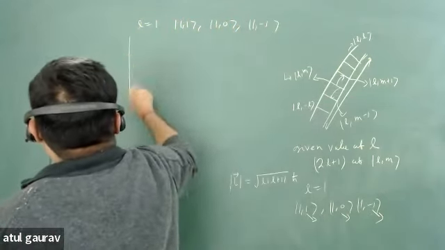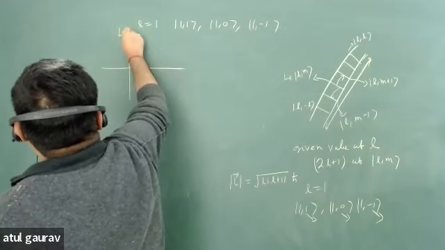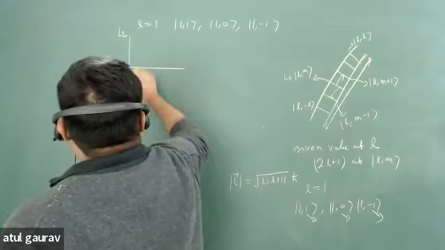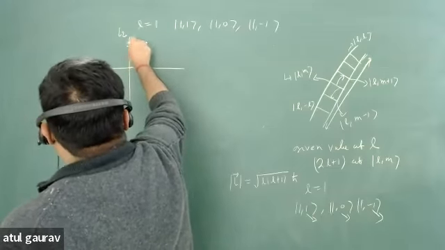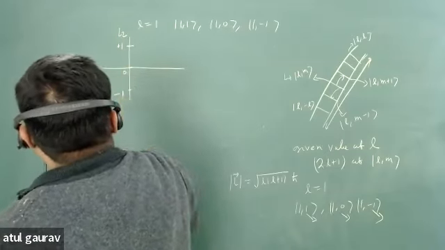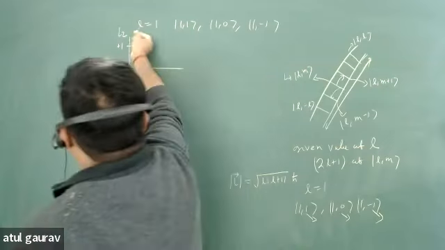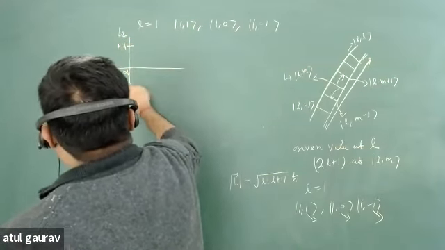If we represent it in a diagram, this is my Z direction. So we have 3 values of LZ: one is plus 1, another is 0, another is minus 1, with the h cut, so minus 1 h cut, 0 h cut, and 1 h cut.